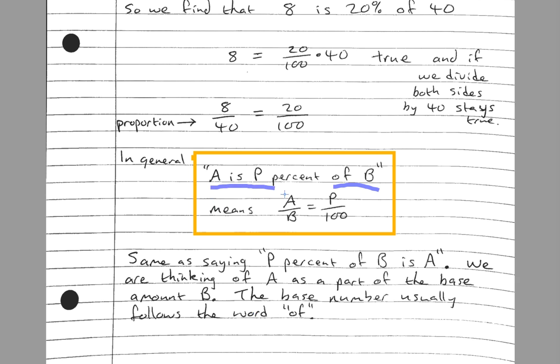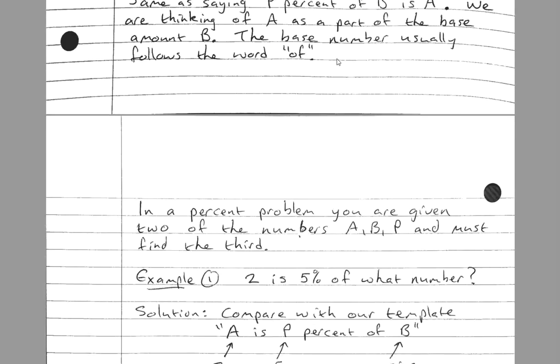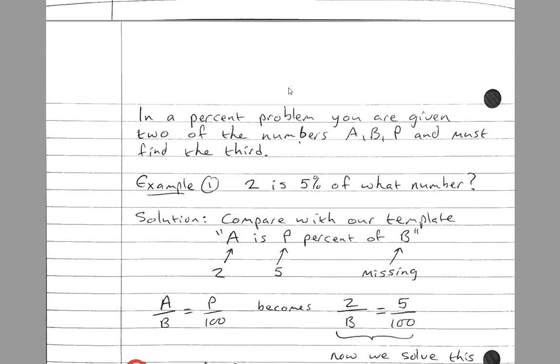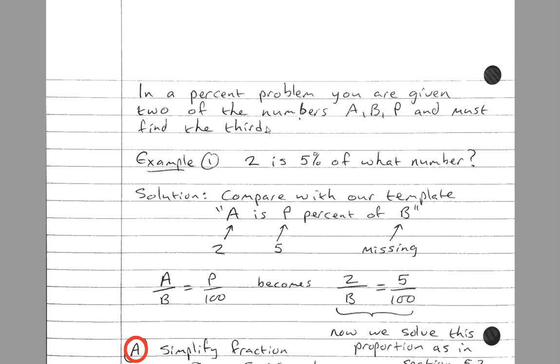We have to remember what's in this box here. The percent problems in this section give you two of the three numbers, and you're looking for the third. So one of A, B, or P is going to be missing.